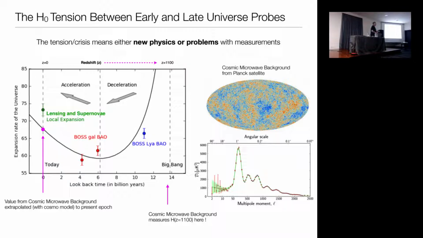If you want to study the universe, what you want to measure is H of z, how H varies as a function of redshift, and that's predicted by a cosmological model from redshift 0 to essentially infinity. But where you can measure an important value of the Hubble parameter is at redshift 1100 with Planck.